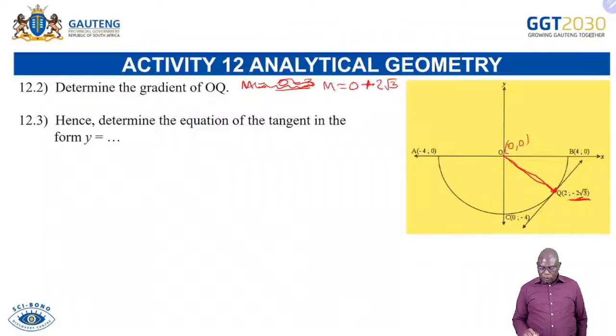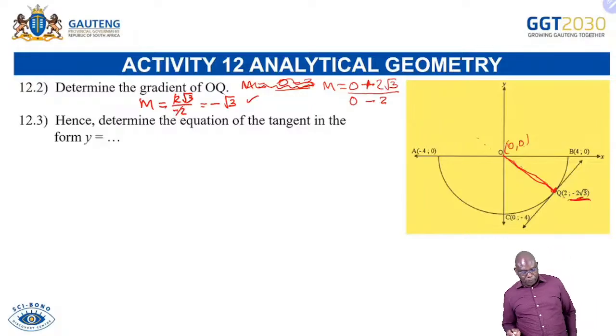Negative times negative is positive, divided by the x value. If I started with a 0 here, I must also start with a 0 for the x. It's 0 minus 2. So the gradient of OQ is going to be 2 root 3 divided by minus 2, which gives us negative root 3. That is the gradient of that line.